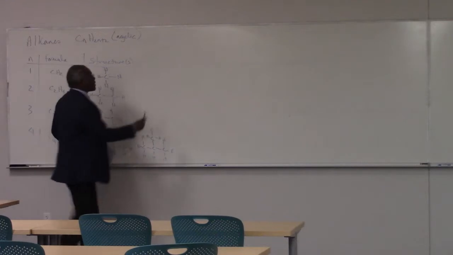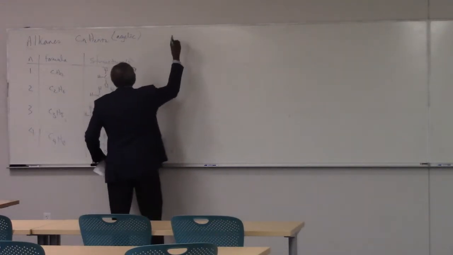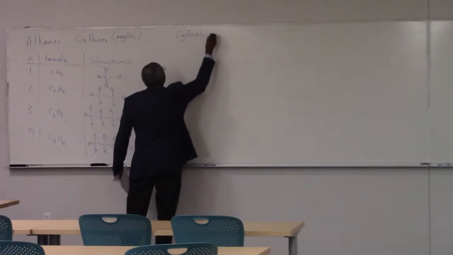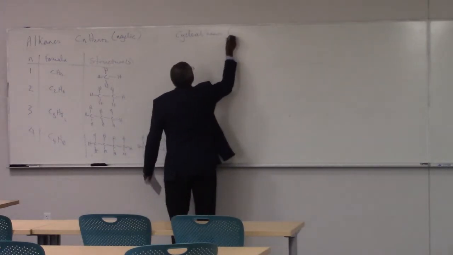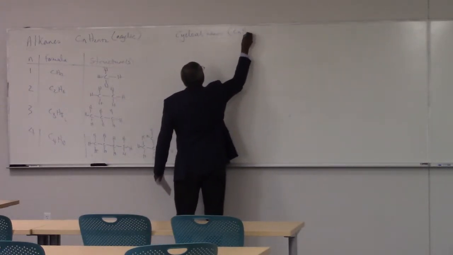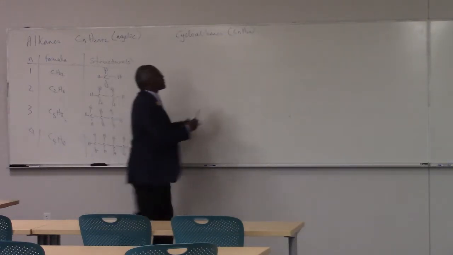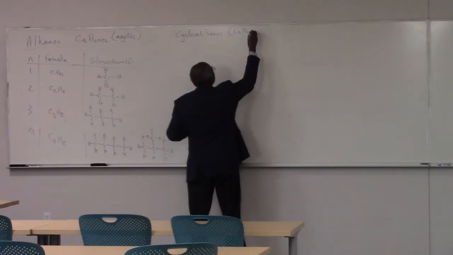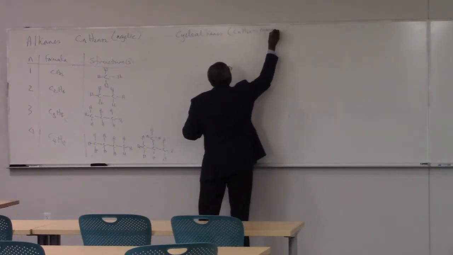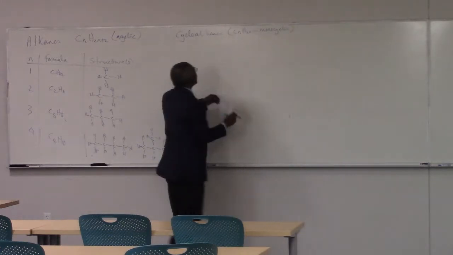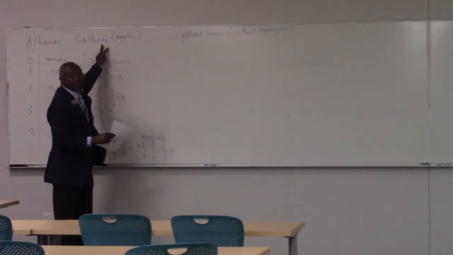It turns out there is another class called cycloalkanes, which have the formula CnH2n. Because if they are monocyclic, then they will have one HDI, and therefore you will be missing 2 hydrogens.